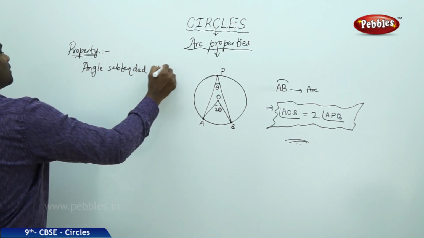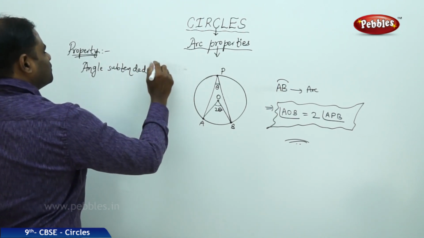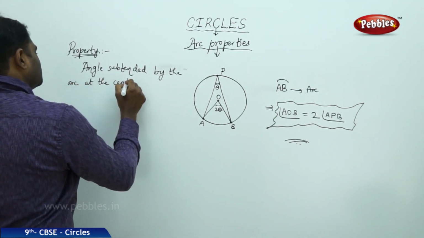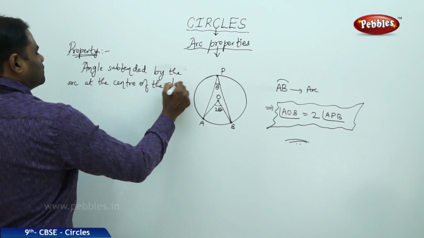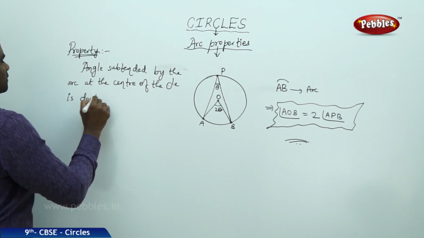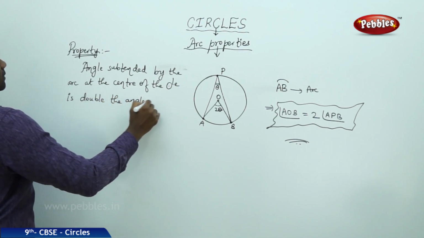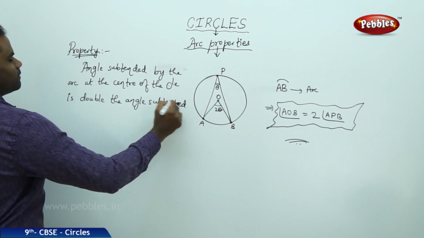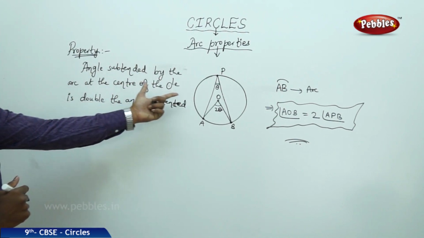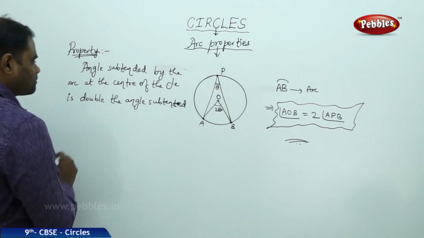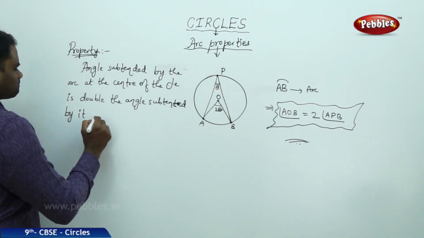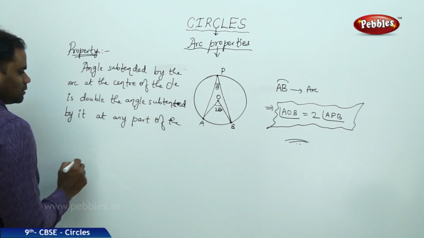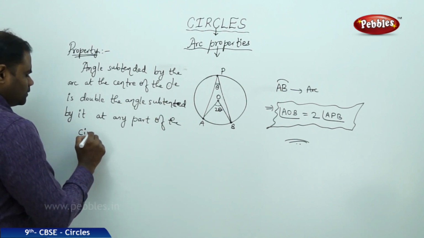Angle subtended by the arc at the center of the circle is double the angle subtended by it at any part of the circle.